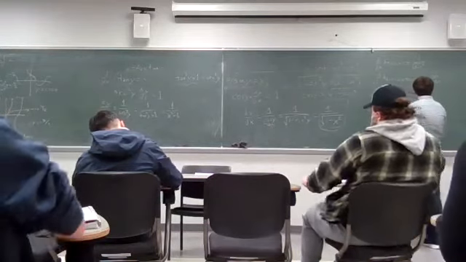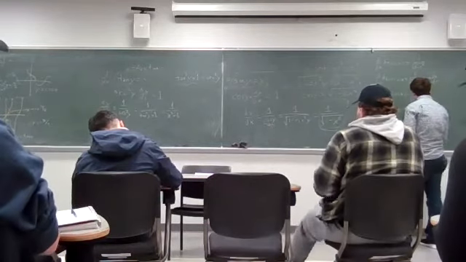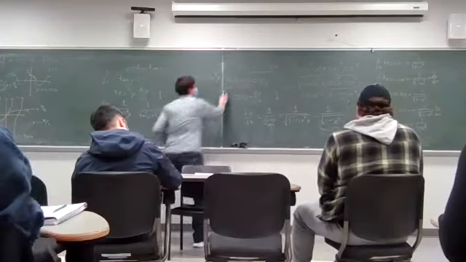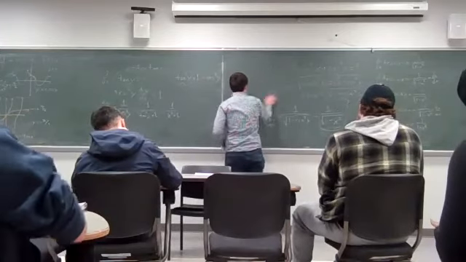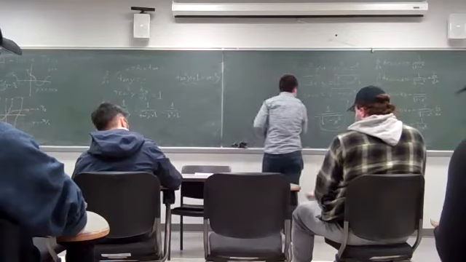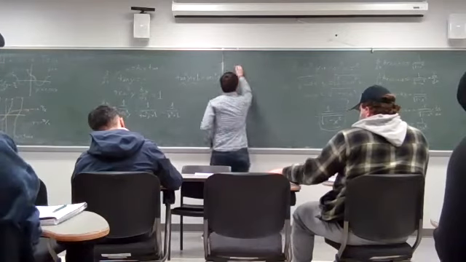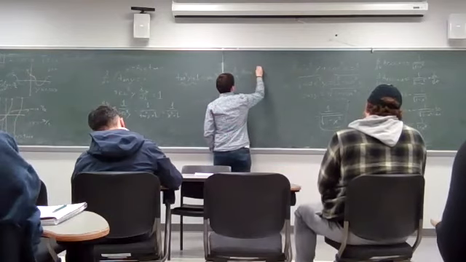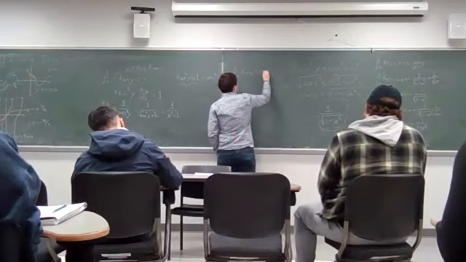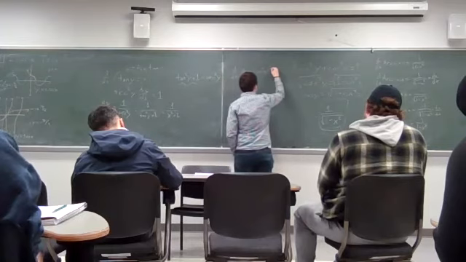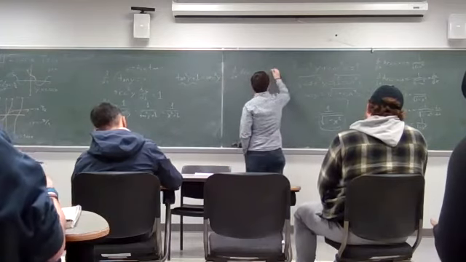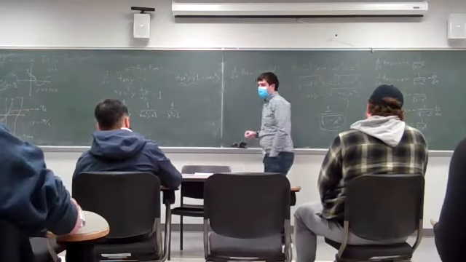Hold on. So I'll write the last one on there, but let's just do a couple of quick examples, right? If I want the derivative of arcsine of x squared, how would I do this?